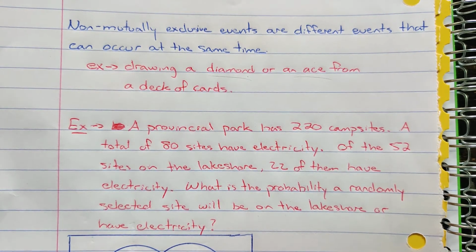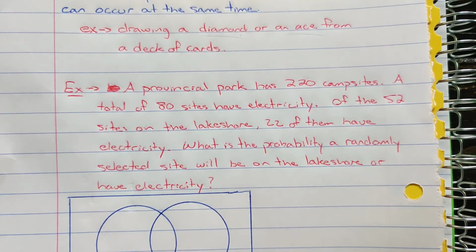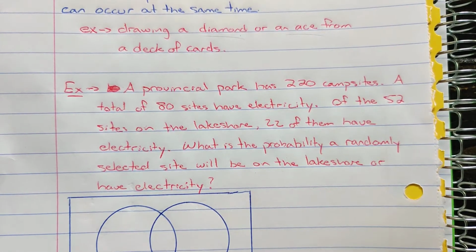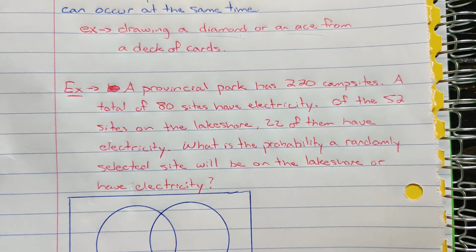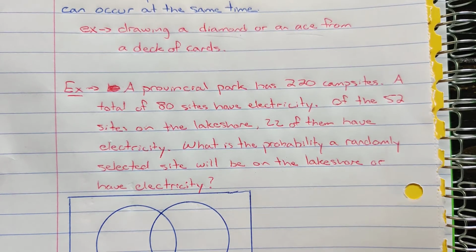So we've got an example here. A provincial park has 220 campsites. A total of 80 sites have electricity. Of the 52 sites on the Lakeshore, 22 of them have electricity. What is the probability that a randomly selected site will be on the Lakeshore or have electricity?